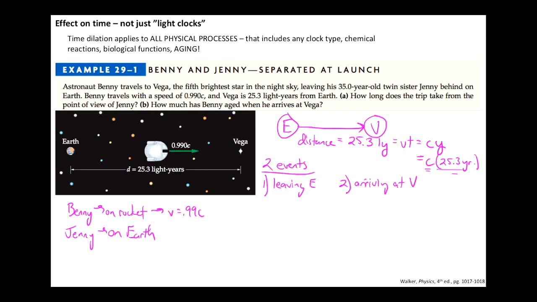However, from Benny's perspective on the rocket, he's like, I get in the rocket, yay, I left Earth. And then I arrived at Vega. In both cases, they happened where Benny was located, in the exact same location from his perspective. So let's make note of those two things. So we'll say for Jenny, the events are at different locations.